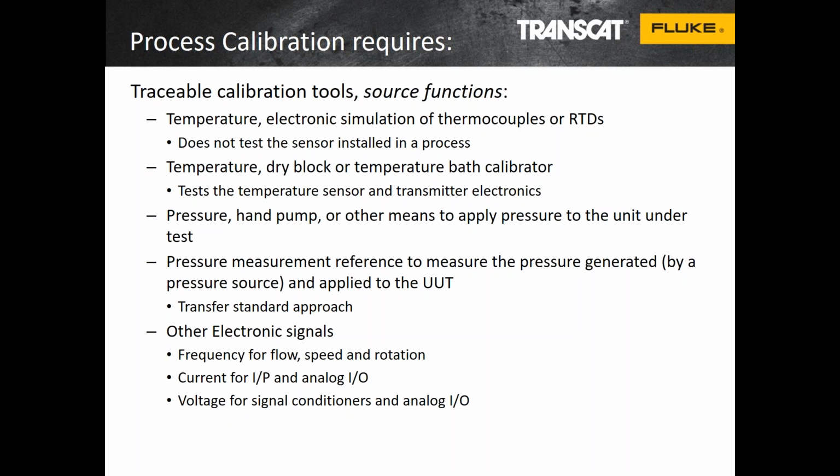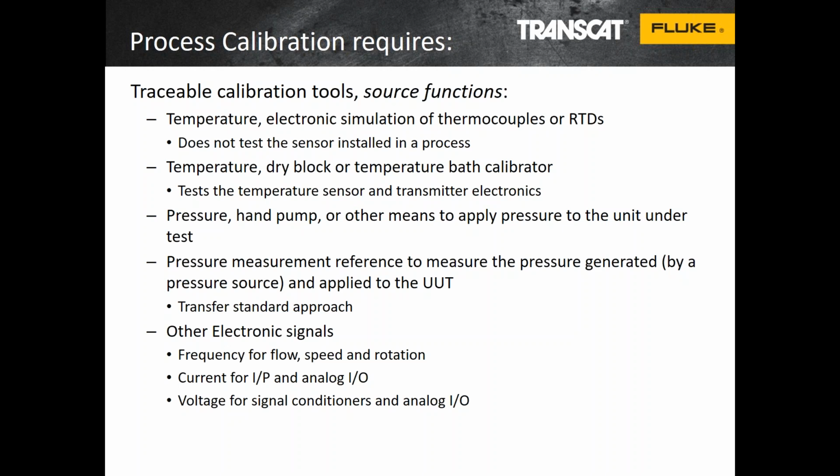Alternate method for sourcing temperature is the use of a dry block or a temperature calibration bath. This tests the temperature sensor and the transmitter electronics and provides a more complete calibration of a particular process. However, it does require another piece of equipment to be carried out into the process to perform this calibration.